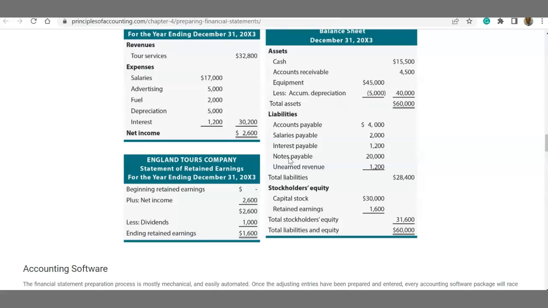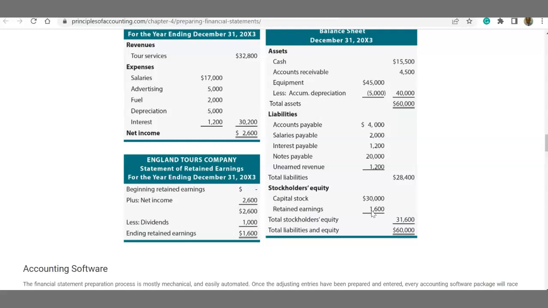This note payable looks like it's not a long-term liability because it is mixed up with current liabilities. If it is a short-term note payable, a year or less, then obviously it will be a current liability. Add them up, that's your total liability on the right-hand side.